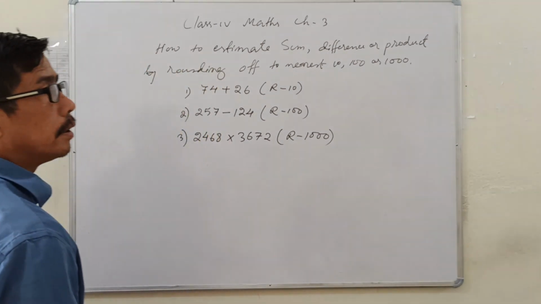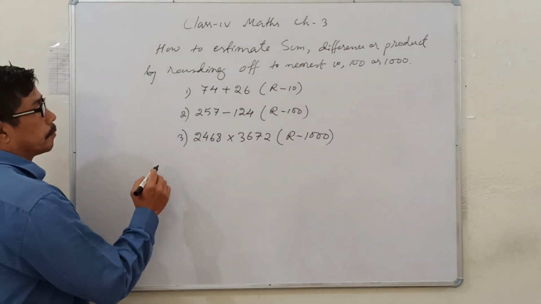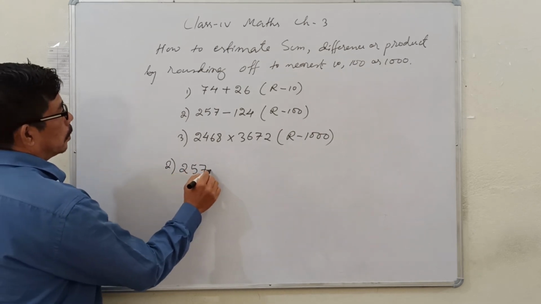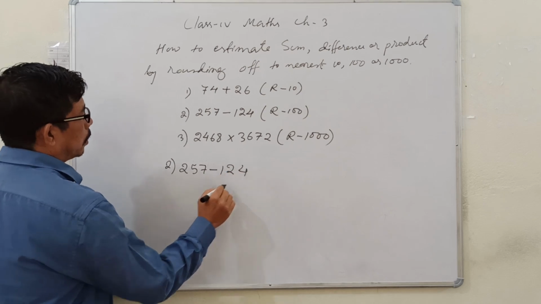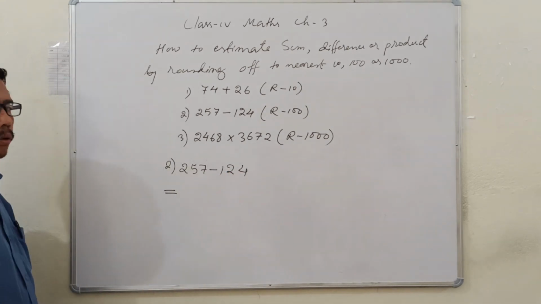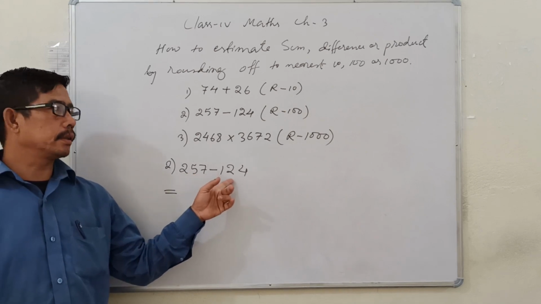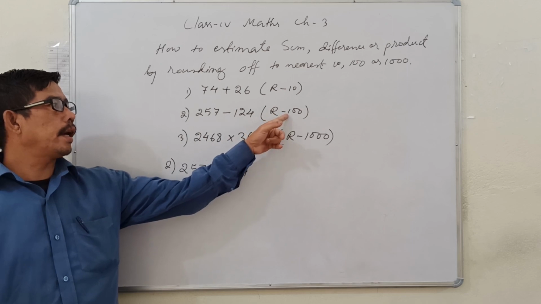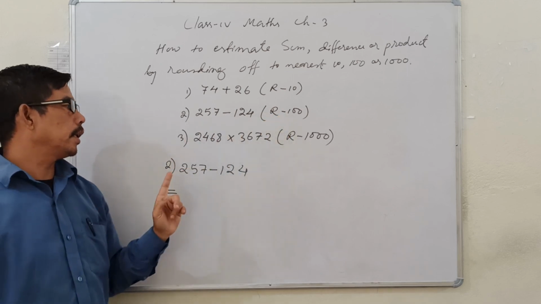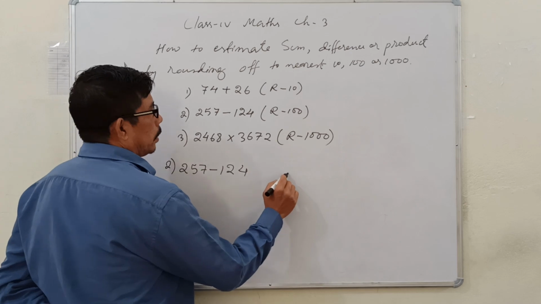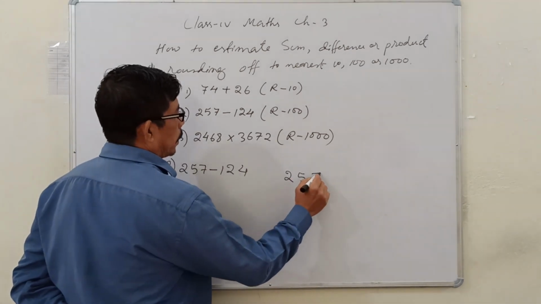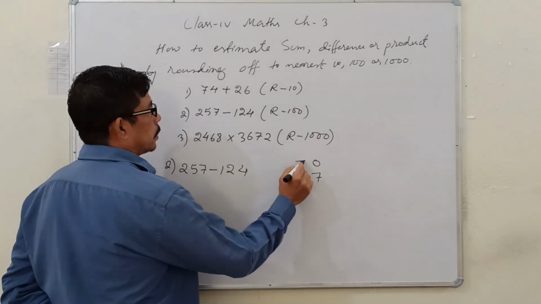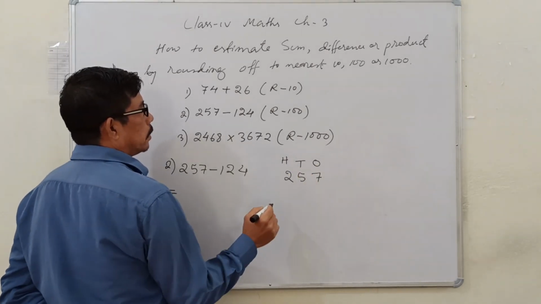And let's pick up the second example. We have to estimate the difference by rounding the numbers to nearest 100. So let's round the two numbers to nearest 100. This is 1's place, this is 10's, this is 100.